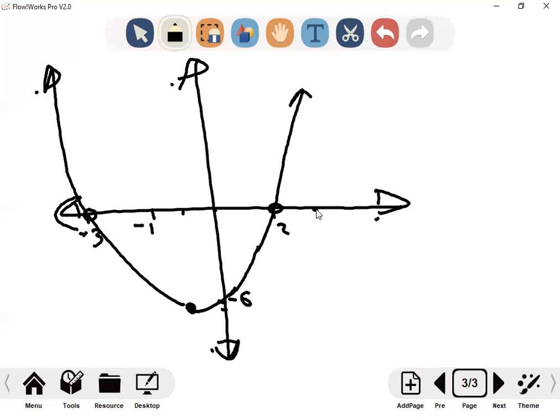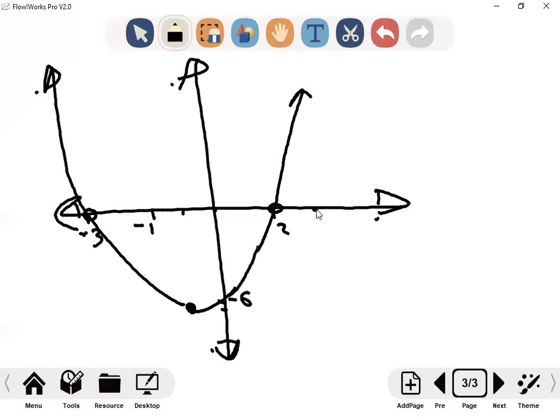What about 1? If I want the value for 1 in the function, where will I go, up or down on the curve? Down. So the function is negative, right? Now less than -3, for example -4. Where will it go, up or down? If you go down, you won't find the function, right? But if you go up somewhere, you will find the function.